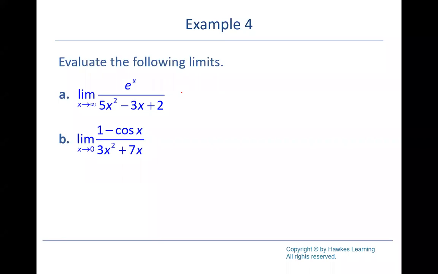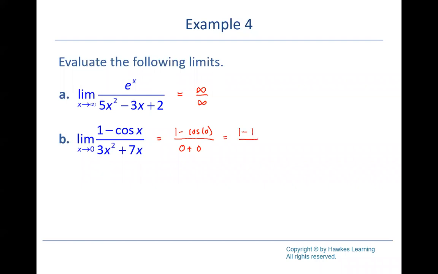If we plug in infinity to the numerator and the denominator of A, we get infinity over infinity, which is one of our indeterminate forms. If we plug 0 into the second expression, we get 1 minus cosine of 0 over 0 plus 0.